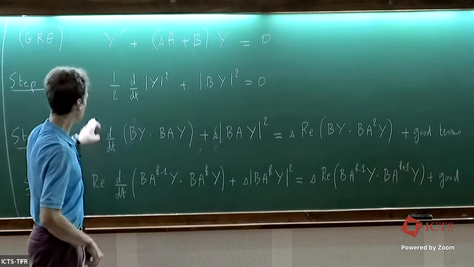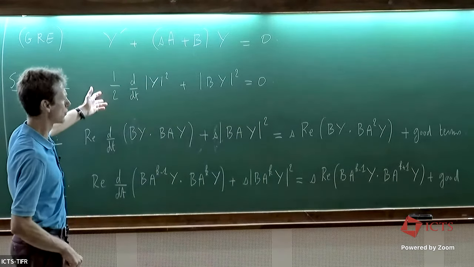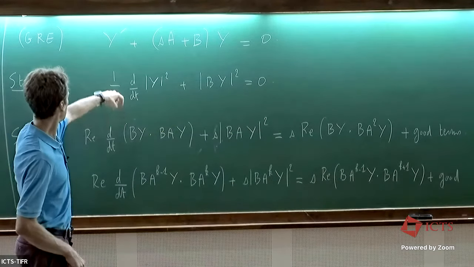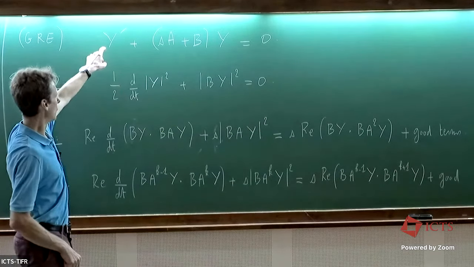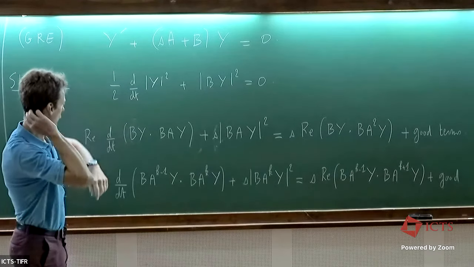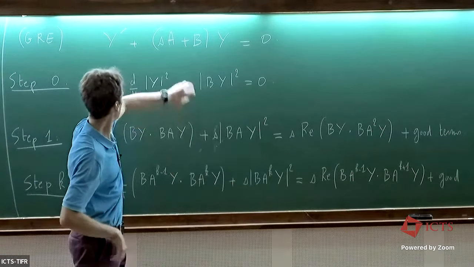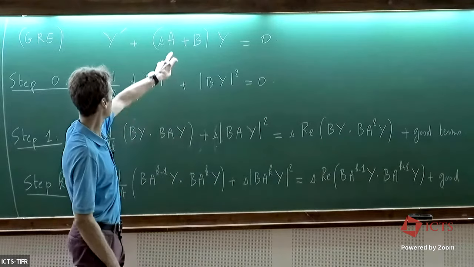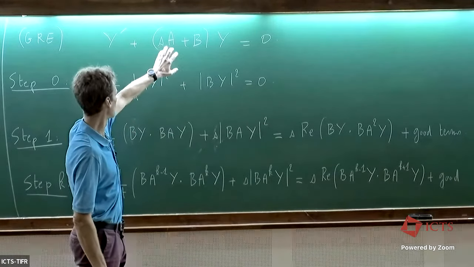So the first one was just something that we could call energy estimate. You take the scalar product with y, and you end up with this by using two properties. The first property is that A is skew symmetric, so you don't see this term.